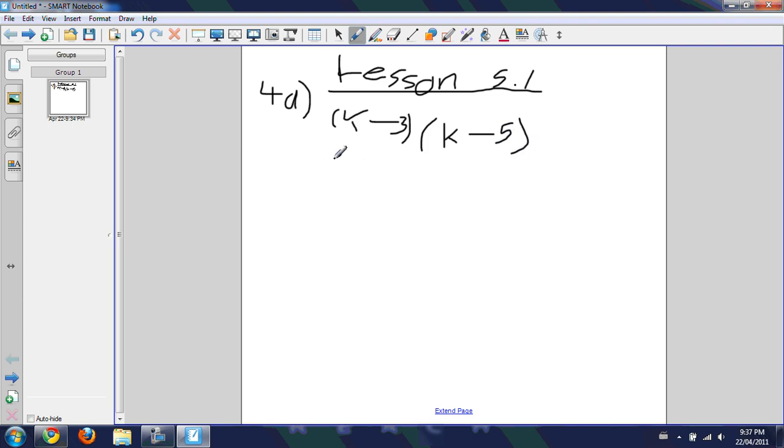So the question asks to use the distributive property to find each binomial product. Basically, it's saying to FOIL it.